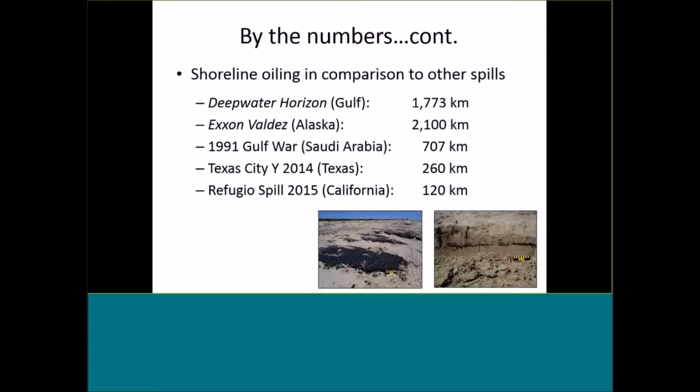So I'll compare Deepwater to some other major spills and some other recent spills. Deepwater Horizon, we've already talked about max oiling there, so let's talk, just real quickly, about Exxon Valdez in Alaska. Much less volume of oiling, but a little bit greater shoreline kilometers that were oiled. So it's not always the amount of oil that relates to how much ends up on the shoreline. The Gulf War in the early 90s, and this is just the Saudi Arabia component, had much higher volumes of oil, several multiples of Deepwater in terms of volume, but less shoreline oil.